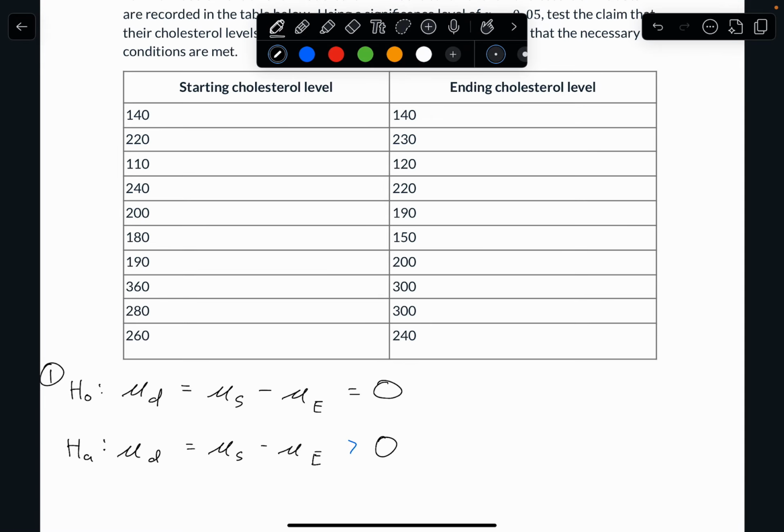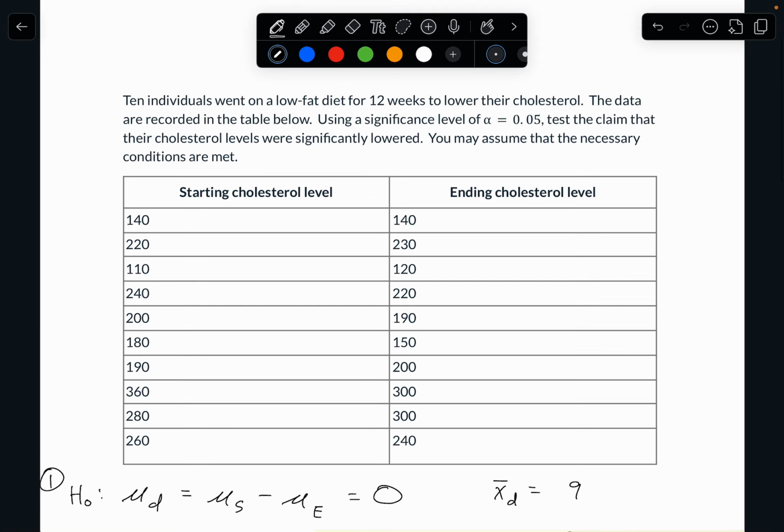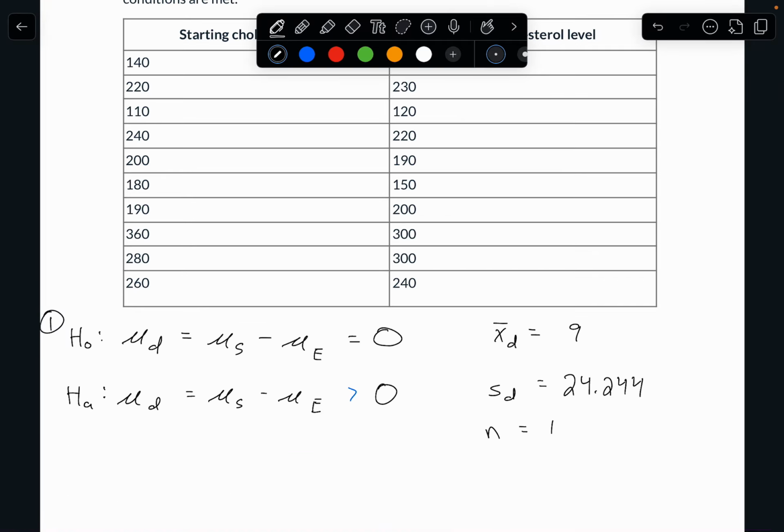We said x-bar sub d, the mean of the differences, is 9. s sub d, the standard deviation of the differences, is 24.244. And three decimal places is usually a good place to round to. The other thing we might want to pay attention to is our sample size n. We were told that we had 10 individuals, right? So our sample size is n equals 10.